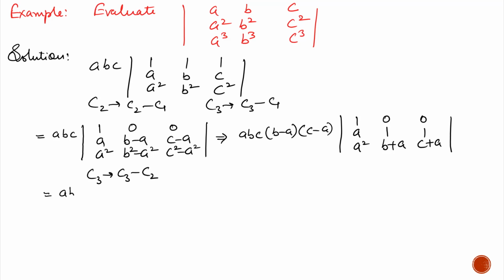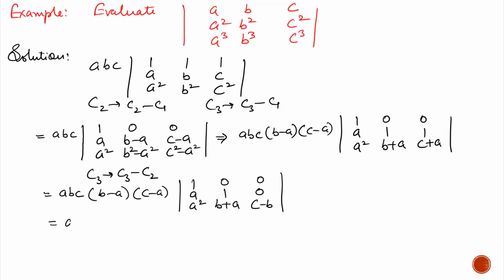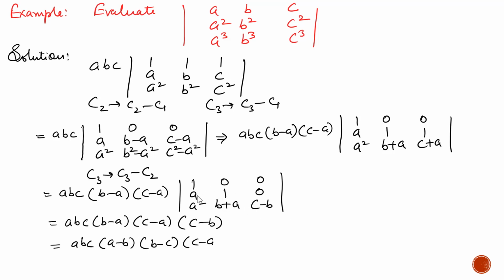Whenever we have double one, always make 10 using C3 equal to C3 minus C2. So the first column remains same, second column remains same, in the third column we will get 0, 0 and c minus b. So whenever we have triple zero like this, the answer is always the multiple of diagonal elements. So we'll get multiple of 1 into c minus b. So the answer is c minus b.